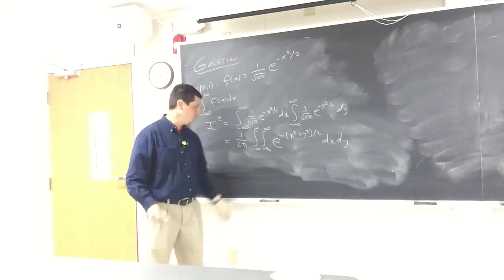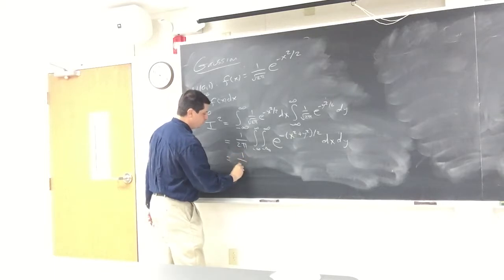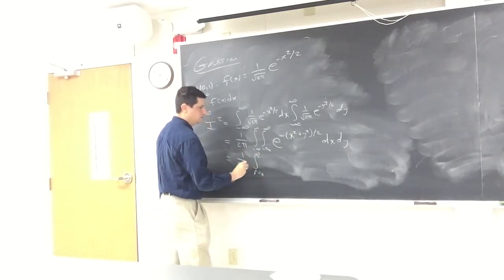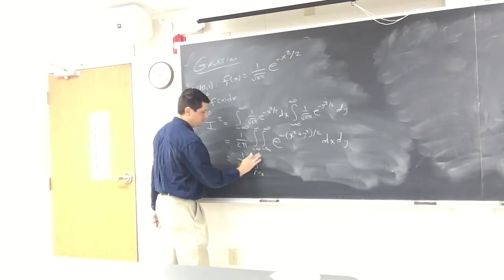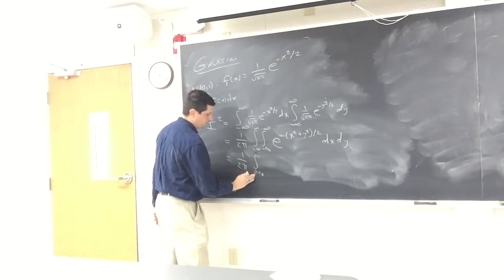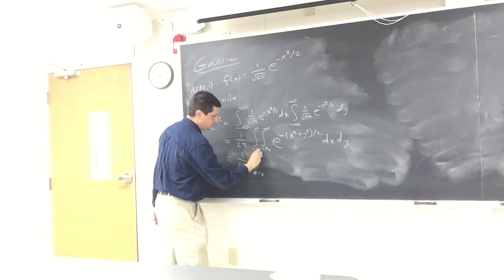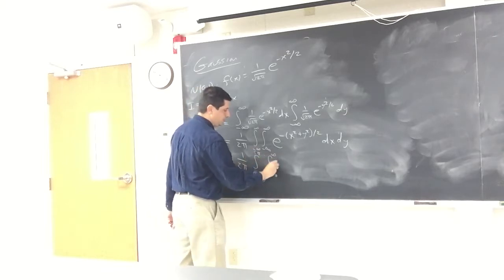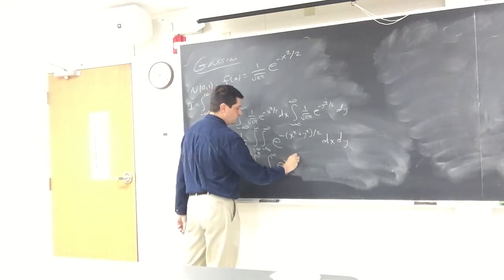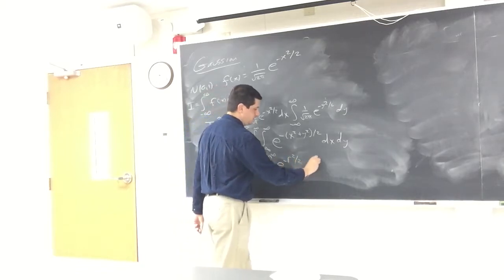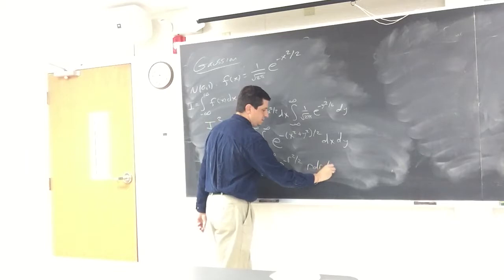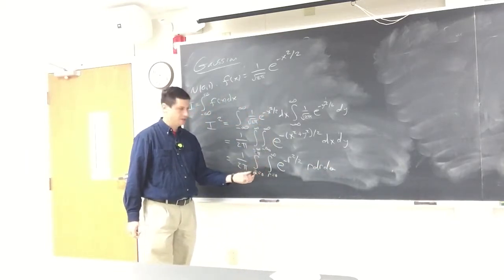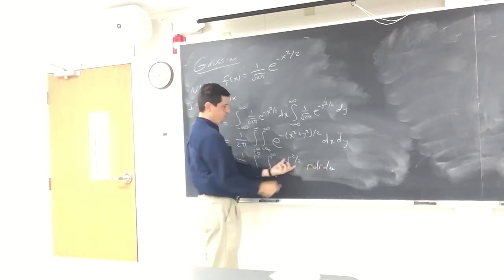So if we now do polar coordinates, this is 1 over 2 pi, integral where theta goes from 0 to 2 pi, just because of the order we write things, integral where r goes from 0 to infinity, e to the negative r squared over 2, r dr d theta. And so we've just done polar coordinates. For the d theta integral, there's no theta dependence here.